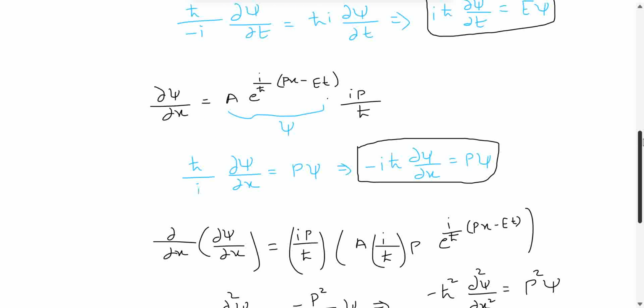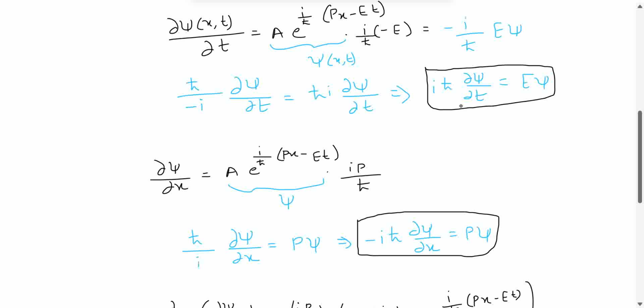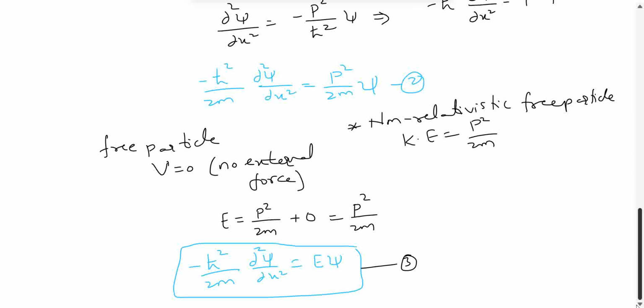Initially we derived partially with respect to time, and we got this equation. So for energy, we got i h cut dou psi by dou t, and in this case we got this equation. Now for a free particle, we can equate these two equations.